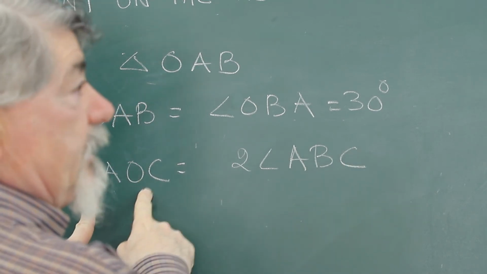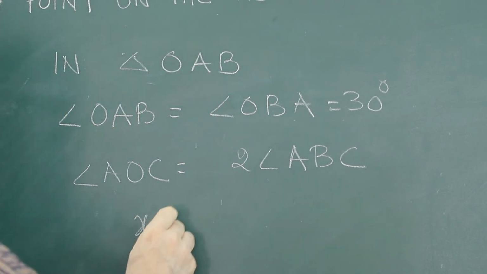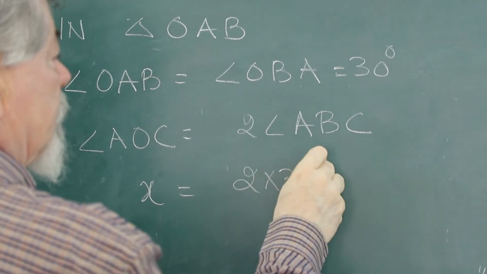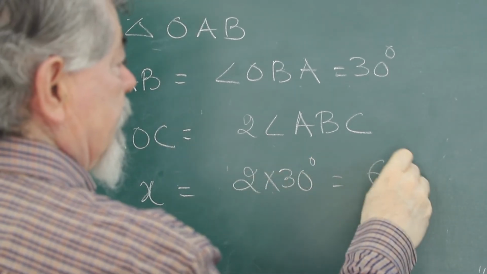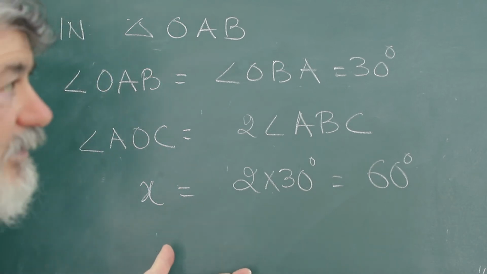So AOC will be double of ABC, and AOC is x and ABC is 30, so it will be 60 degrees. We have got the value of x as 60 degrees.